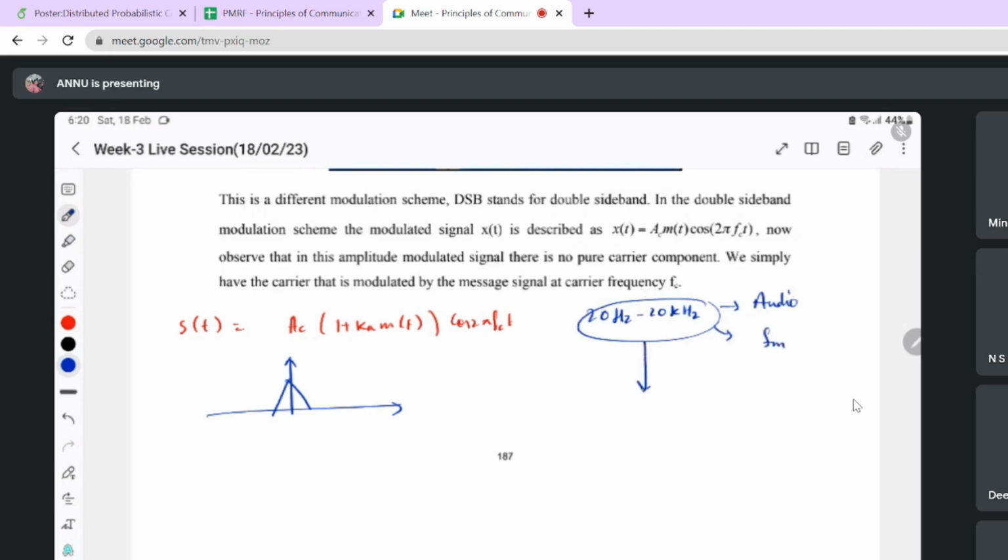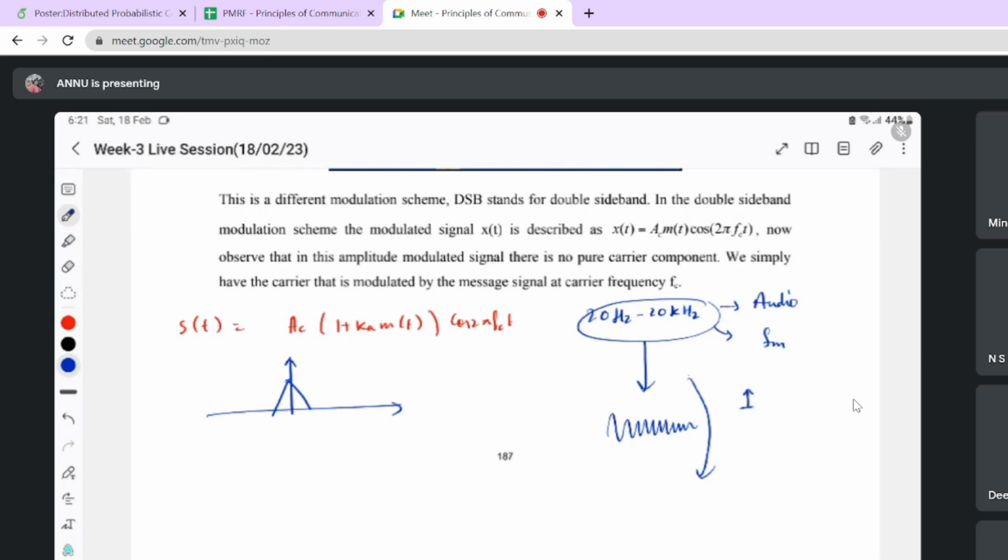But when we modulate it with a carrier, this frequency becomes very high and it can pass to a larger distance. Some benefits of modulation are that less antenna height is required, and many others. We can have frequency modulation, phase modulation, amplitude modulation.